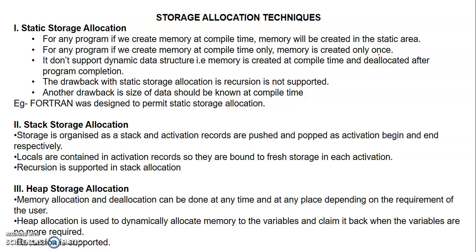It doesn't support dynamic data structures, meaning memory is created at compile time and deallocated after the program completes. The drawbacks are that it doesn't support recursion, and the size of the data should be known at compile time. Fortran basically permits static storage allocation.